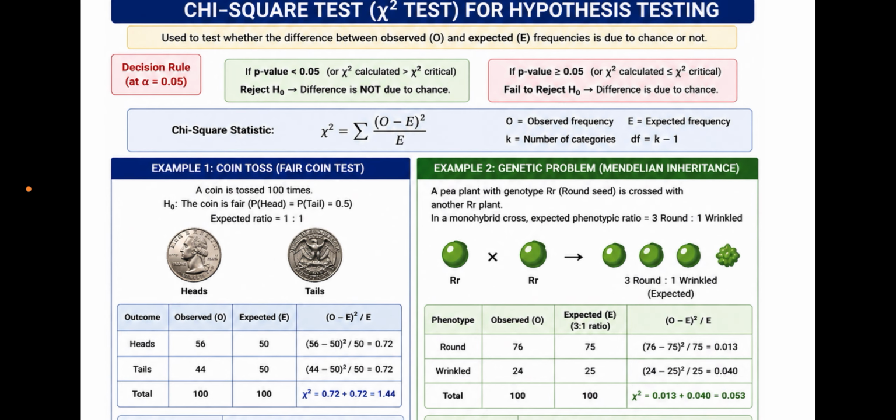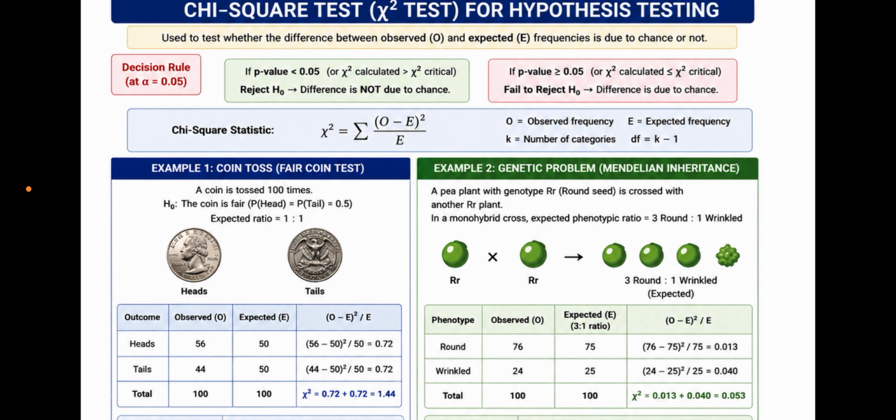We know that when we cross a tall plant with a dwarf plant, in the F1 generation we get a 3:1 ratio. Suppose 100 plants are there, so 75 plants are tall and 25 plants are dwarf.